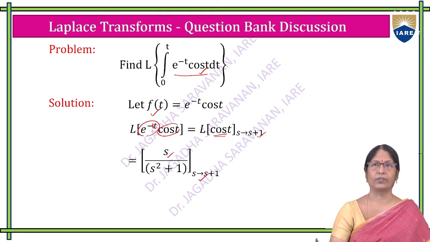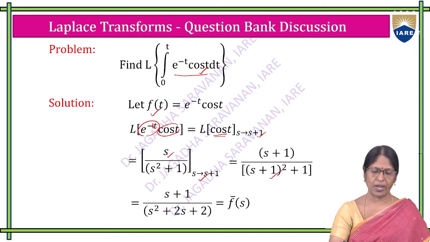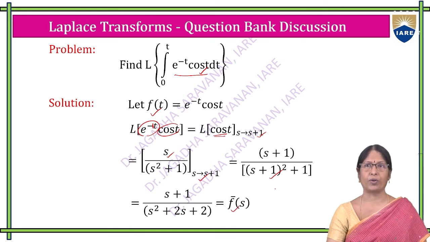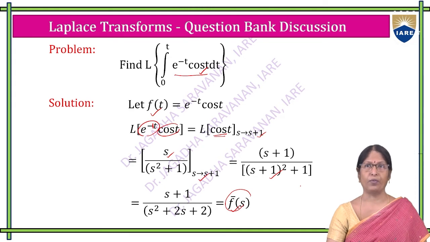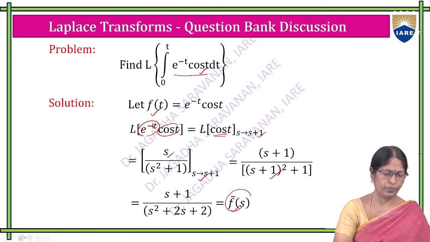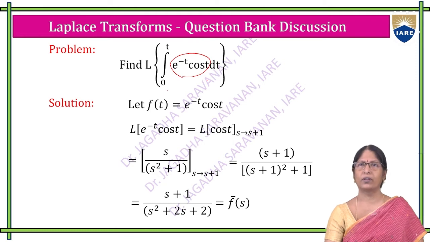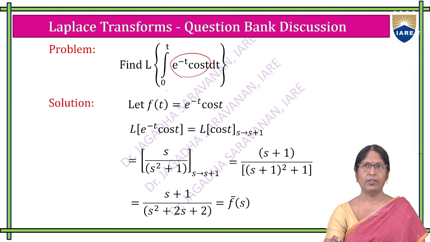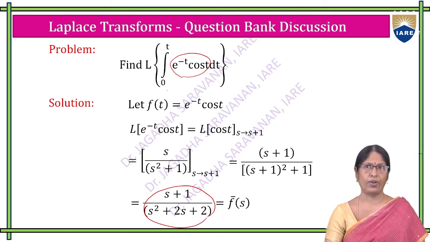So we replaced it and obtained this result, f bar of s. f bar of s is nothing but L of f of t. So now, this is our main question. We focused on only some part of the question in this particular slide. That focused part of the question gave us f bar of s.